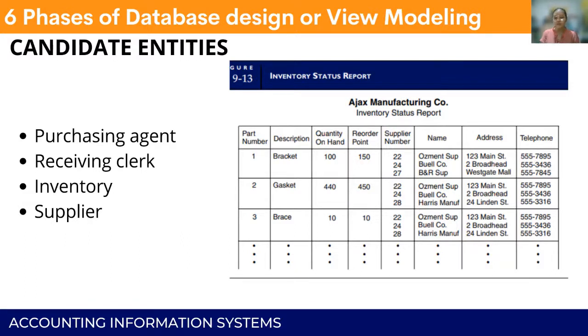Based on figure 9-13, the description states multiple vendors supply inventory. Therefore, the supplier entity meets condition 1 and we may assume that it also meets condition 2 as there is no other entity that will logically provide supplier data. Consequently, the supplier entity can be modeled too.